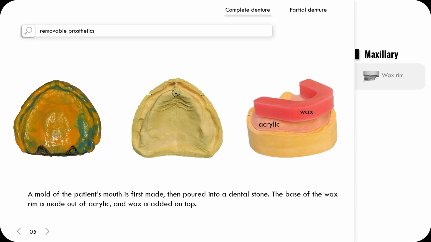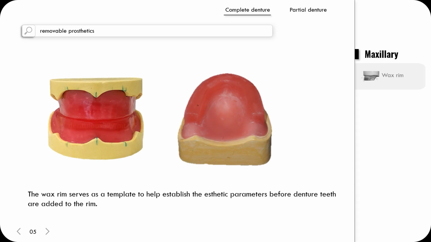And on that stone model we make what we call a wax rim. So the base of it is a hard acrylic, and on top we make a rim made out of wax. And you want to think of this wax rim as sort of a prototype or a template for our teeth. So this will help us establish those parameters that we had talked about prior.